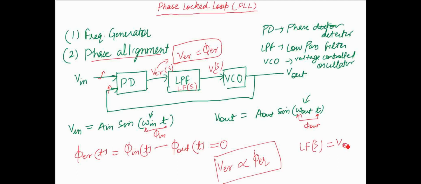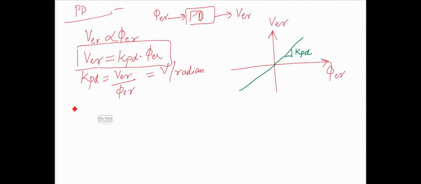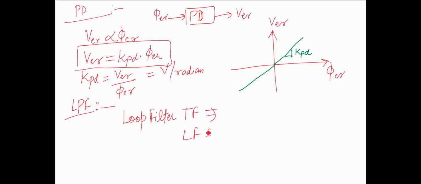As the transfer function is output by input, what is the input? V error(s). So this is the LPF, low pass filter, in which the loop filter transfer function LF(s) is equal to VC(s) divided by V error(s).